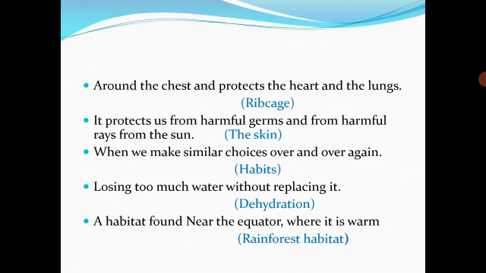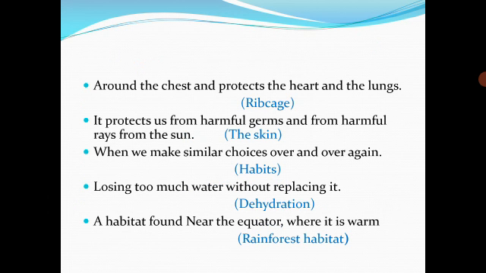Around the chest and protects the heart and lungs. Rib cage. It protects the heart and lungs. It protects us from harmful germs and from harmful rays from the sun. Good, the skin. When we make similar choices over and over again, good habits.